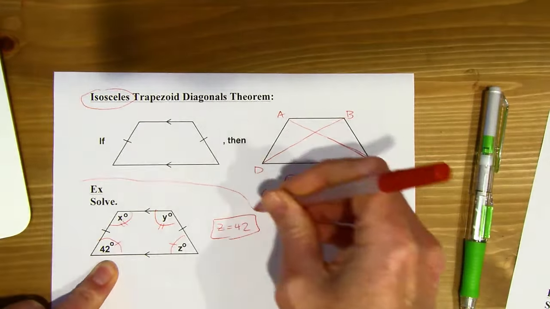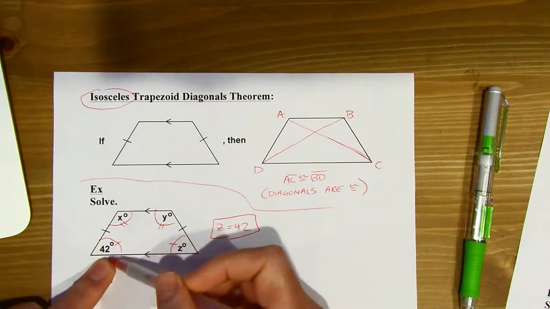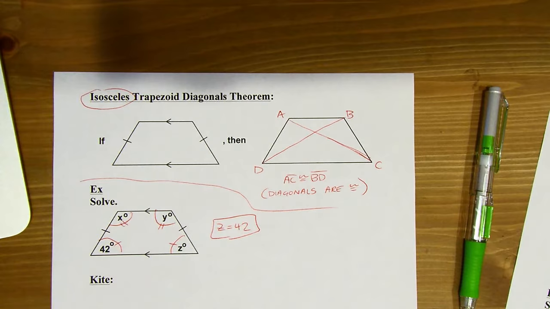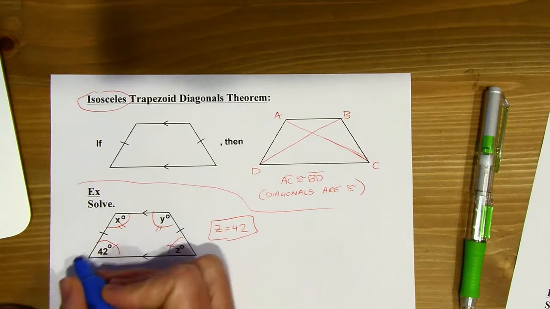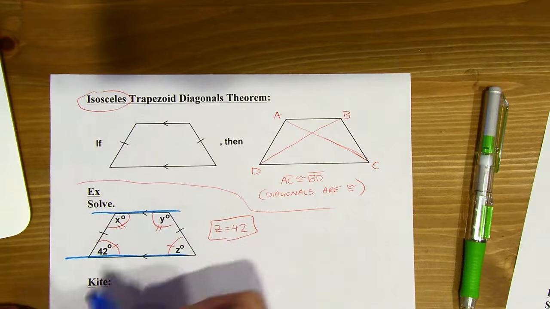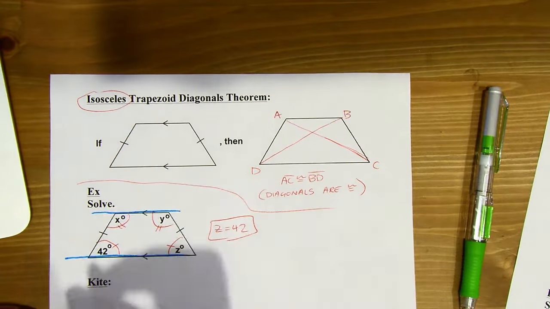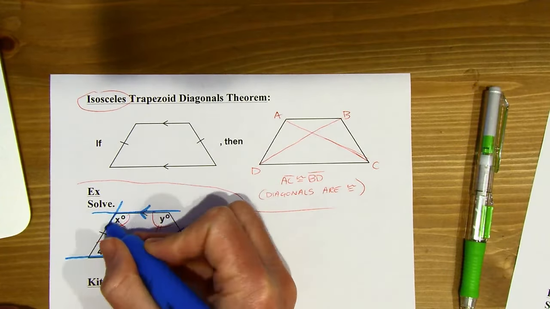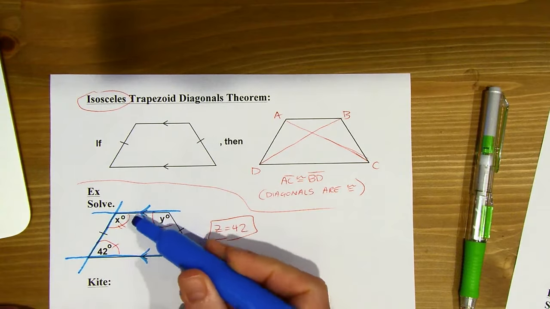But what about X and Y? I don't have a theorem for consecutive angles, but I don't need a theorem because I can go way back to, I think it was chapter 3. I've got these parallel lines. Think about those as your tracks. Then if I use this as a transversal, what kind of angle pair do I have there?